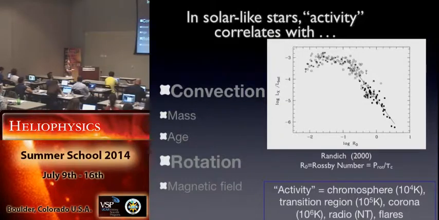Observationally, the sun has an L_X over L_bol that's about 10 to the minus 6. And I don't happen to know what the Rossby number of the sun is off the top of my head, but it's basically on that straight line going down to the lower right; the sun is at the bottom of that line. We can measure the rotation rate of the sun, and we have some constraints on its convective turnover time.